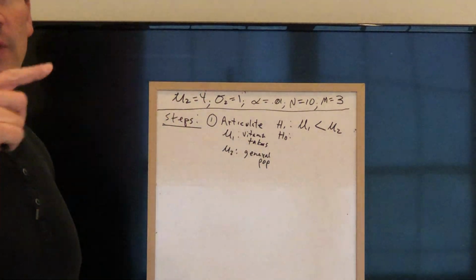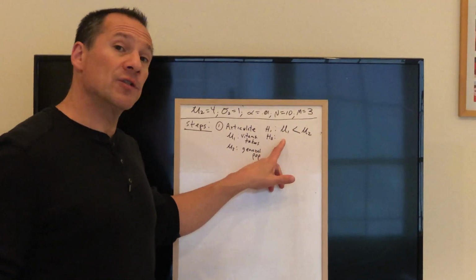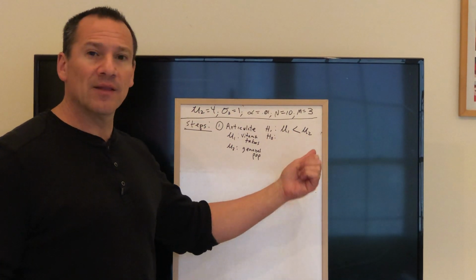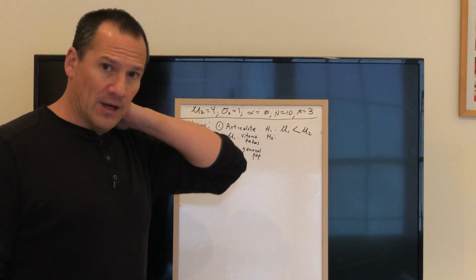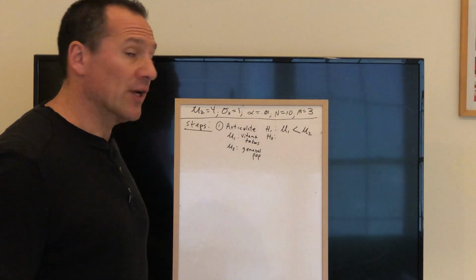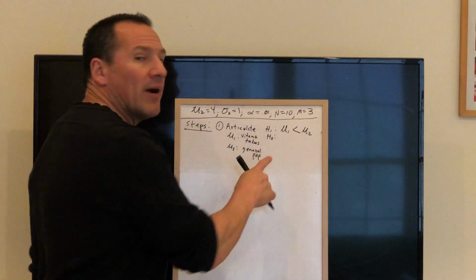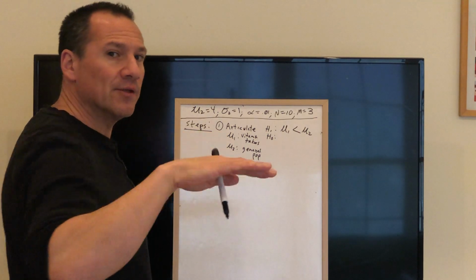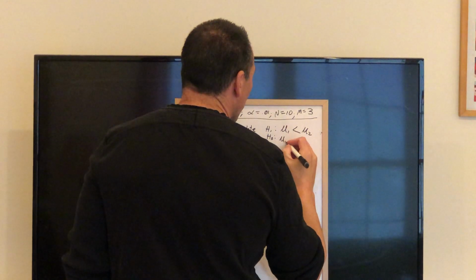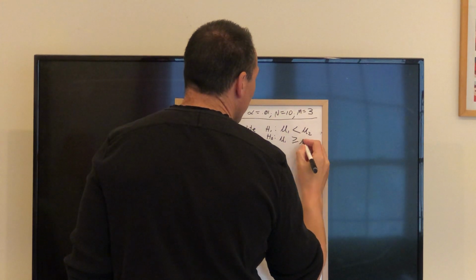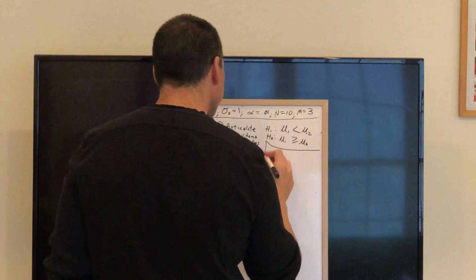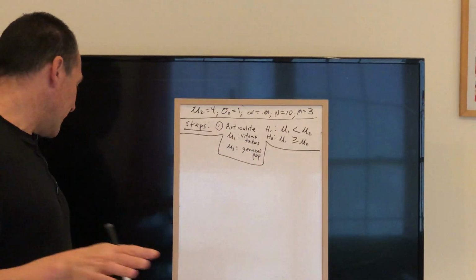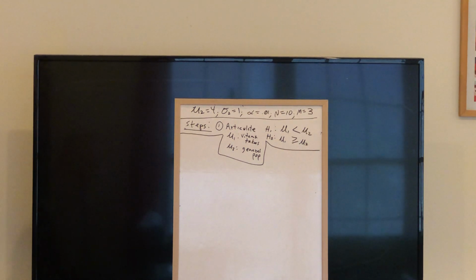In other words, the average number of sick days taken for population 1, the special population of vitamin takers, is predicted to be less than the number of sick days taken by the general population. The null hypothesis, as you recall, is the opposite of the research hypothesis, and it always includes an equal sign. So mu sub 1 is greater than or equal to mu sub 2. Step number one is exactly what we've done before. You're going to like this, kids.